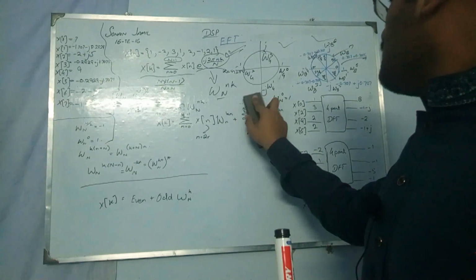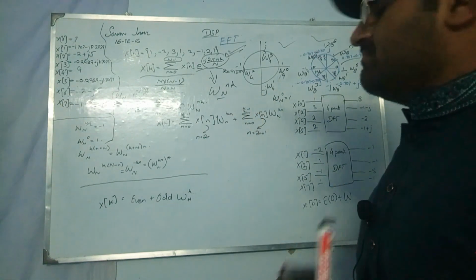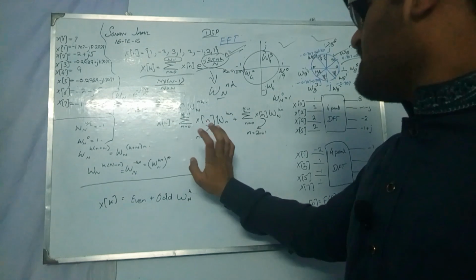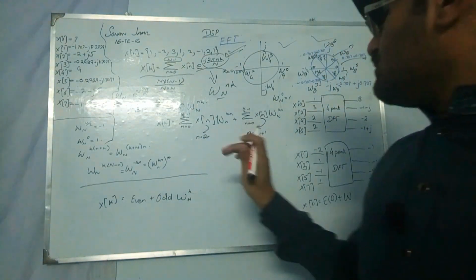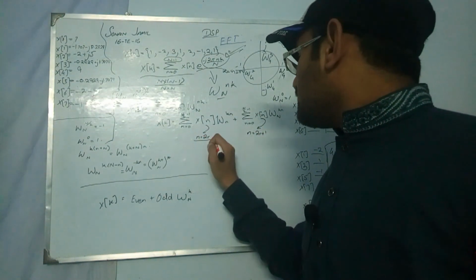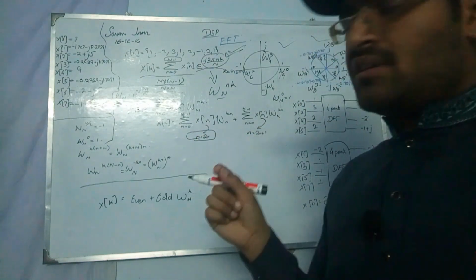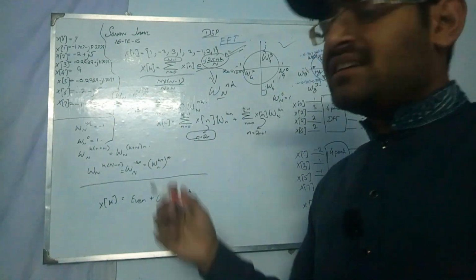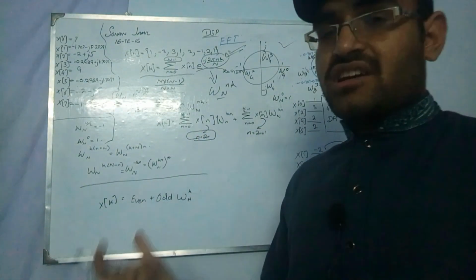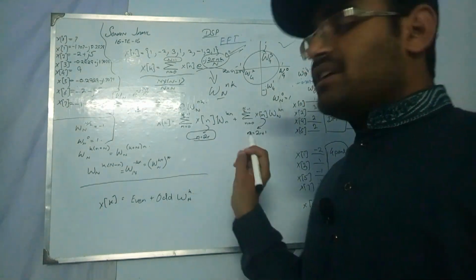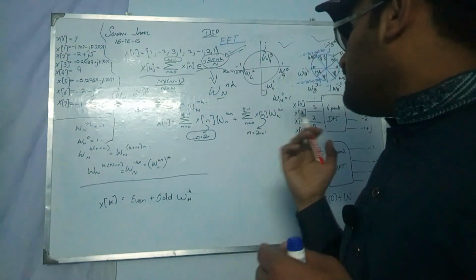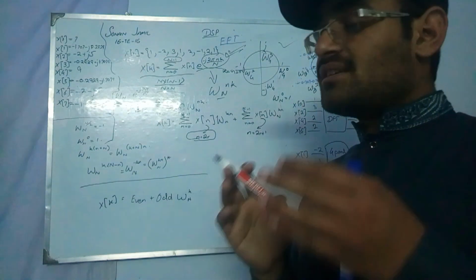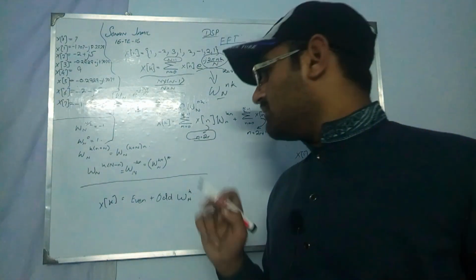Now move on to the even-odd decomposition. For the even decomposition, we substitute n equal to 2r, because whatever r is, when we multiply it by 2 it will be an even number, since multiples of 2 are even numbers.